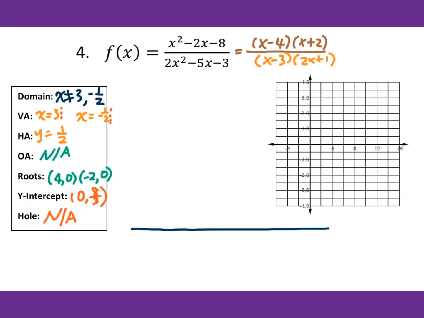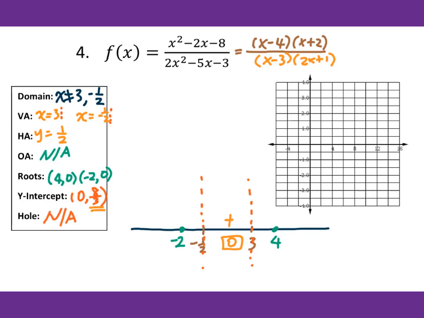Now let's draw the number line. Negative 1/2 and here's 3. These are the vertical asymptote lines. For the roots, you have negative 2 and 4. For the y-intercept, that's positive.